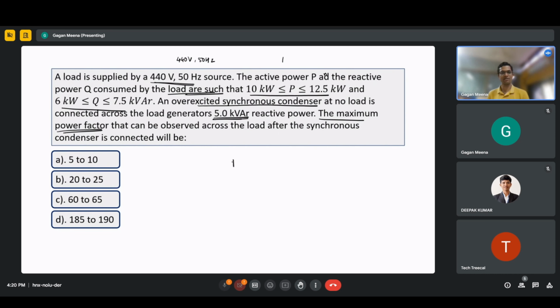So for the load, P and Q range: this is between 10 to 12.5 and this is between 6 to 7.5. We need to calculate only the maximum power factor. So which value will result in the maximum power factor? What values of P and Q will give the maximum power factor?